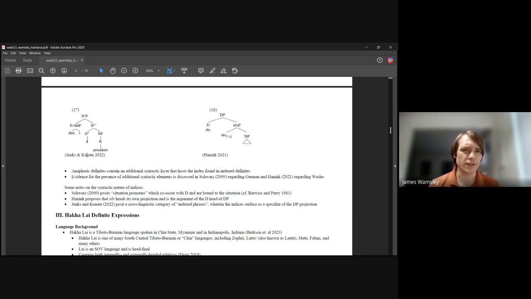First from Jenks and Konate here, where the index is in spec DP or spec indexed DP position. And compare this with the Haining analysis, where the index is between the DP and NP. So the index is syntactically present in both, but placed in two different locations in the syntactic structure.